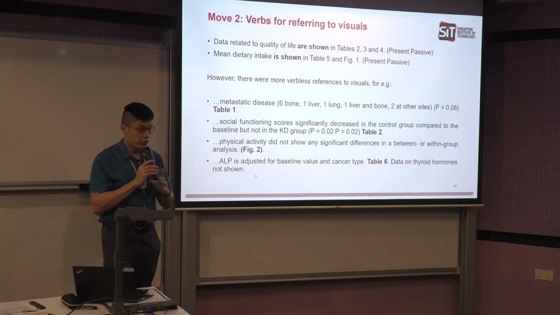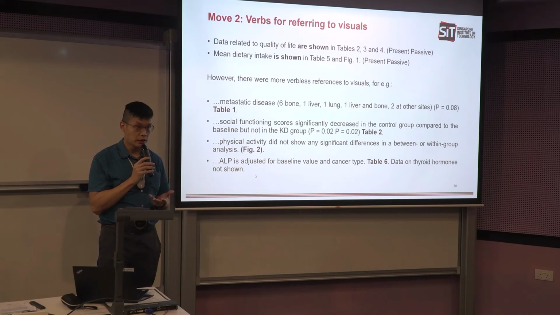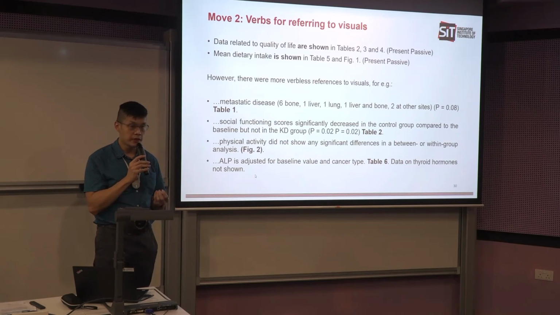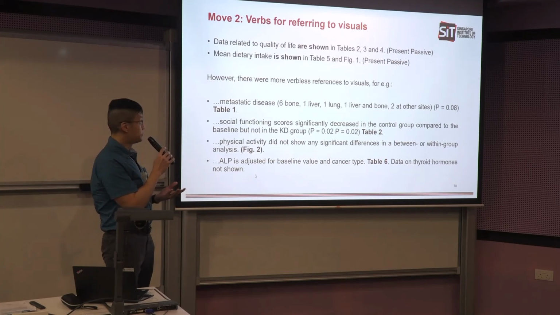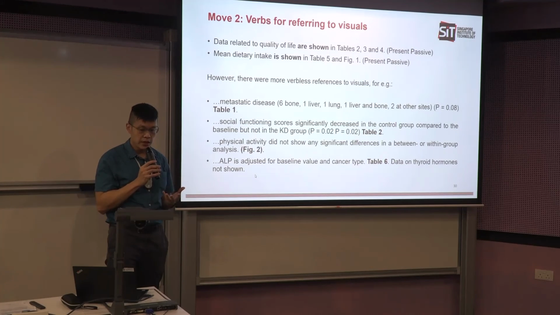The next we want to talk about really is the verbs, and like what my colleague Dr. Lee was talking about, verbs are being used rhetorically or persuasively. In this case here, if you look at the first example here, "are shown in tables 2, 3, 4," and then the next one is "shown."